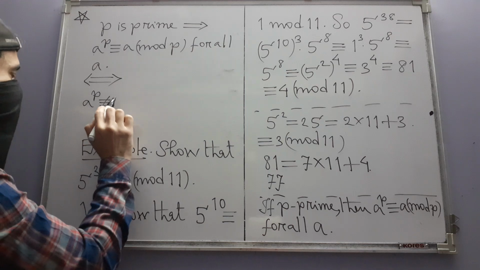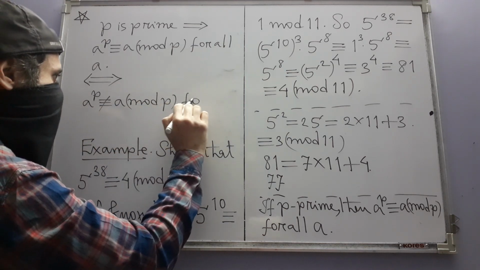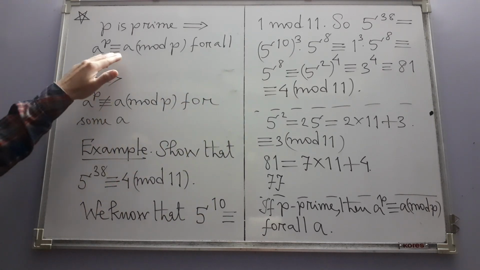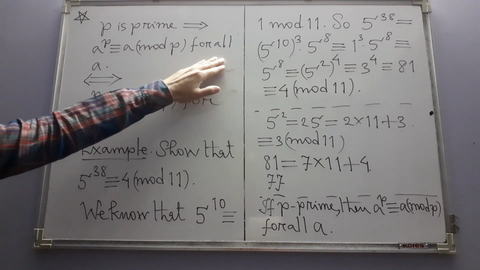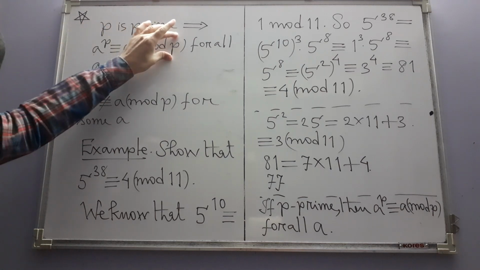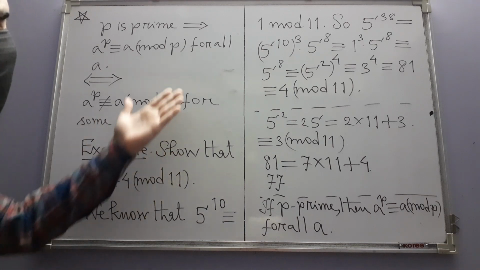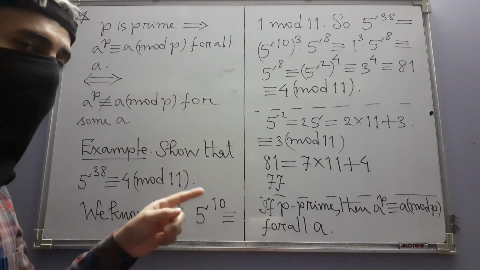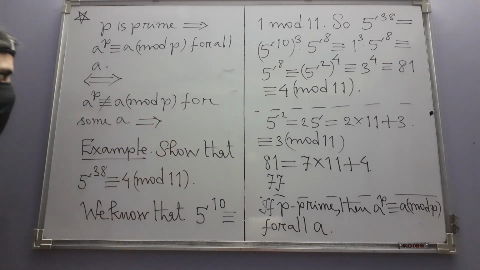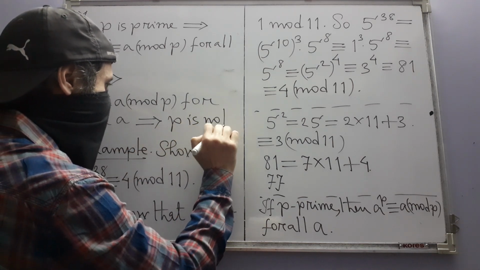A to the power P is incongruent to A mod P for some A. That's how you negate a statement which has logical quantifiers. You negate the actual part of the statement, then you change the quantifier to the other one. If you have for all, you change that to for some. If for some, then for all. Implies the negation of this statement, that is P is not prime.